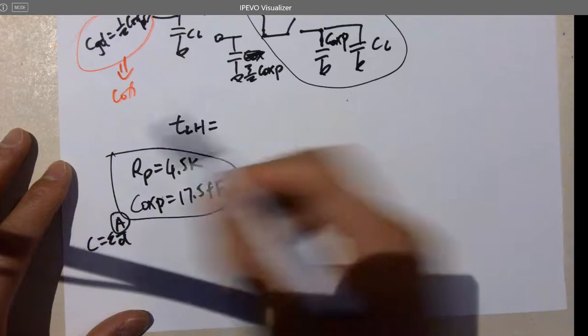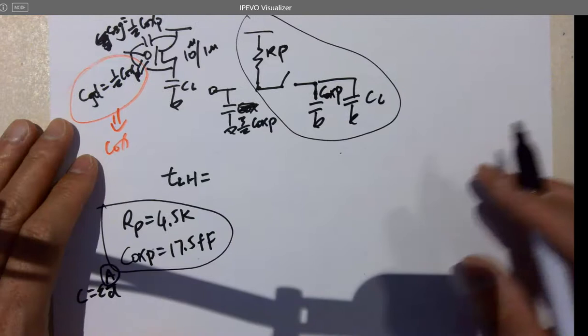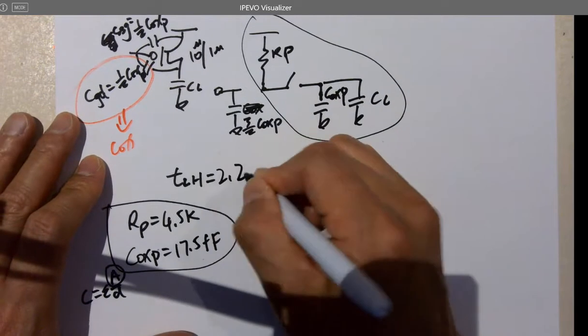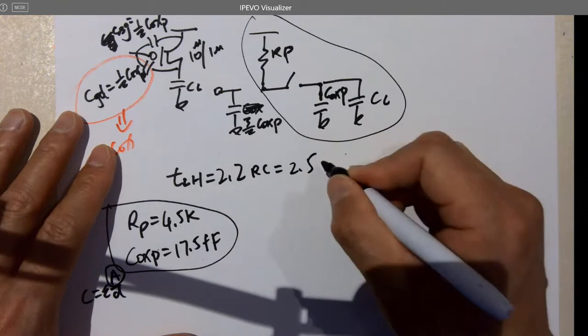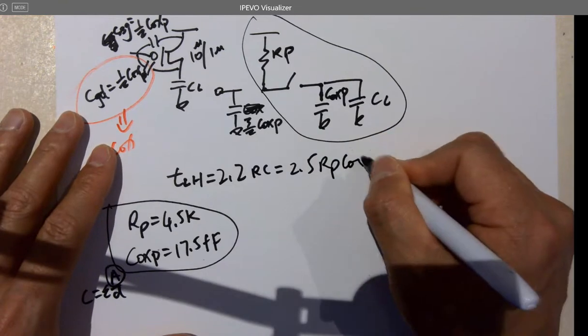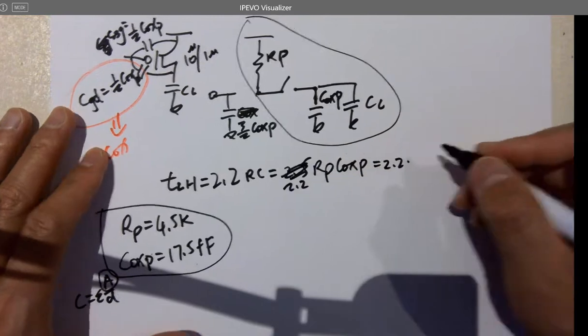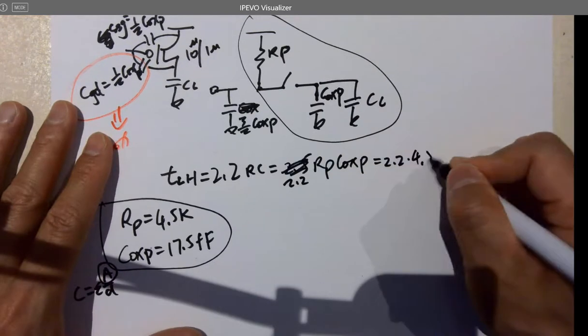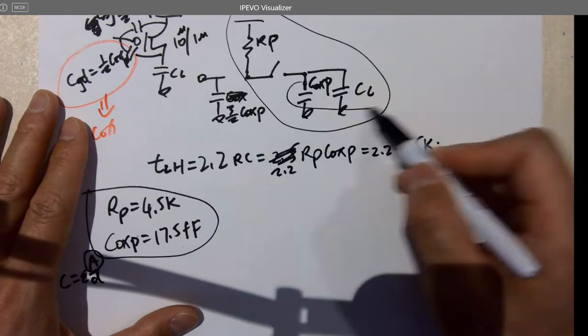So since you know this, it's pretty easy to calculate, just use the equations. So TLH is 2.2 RC, which is 2.2 RP Cgs P. 4.5K times, you have to add these two together, right?